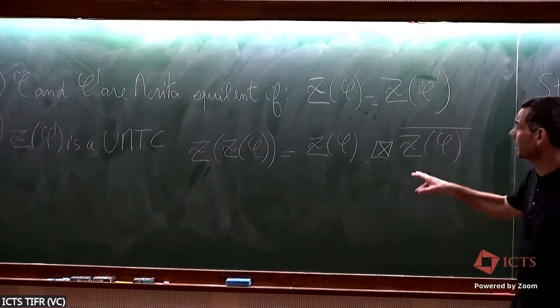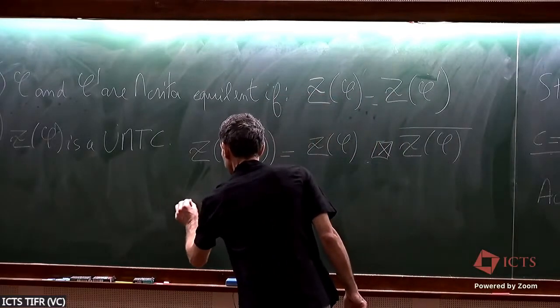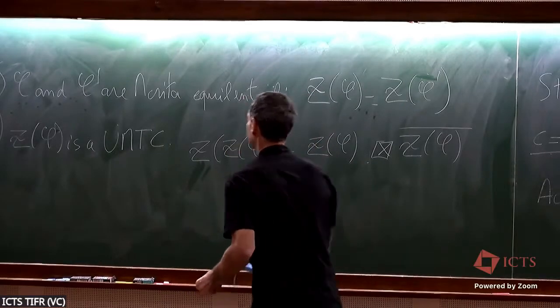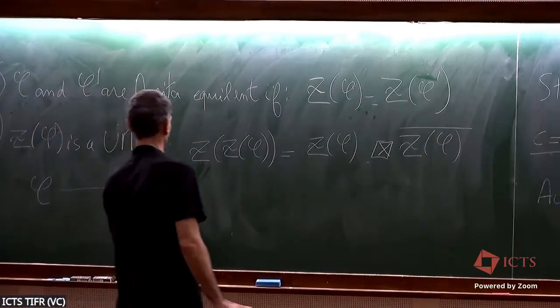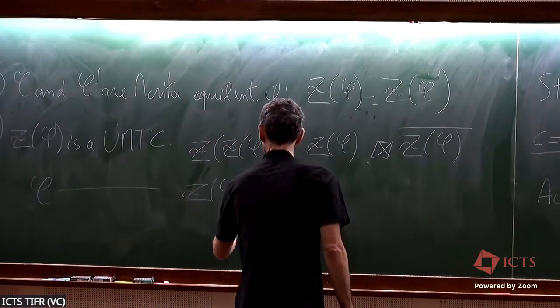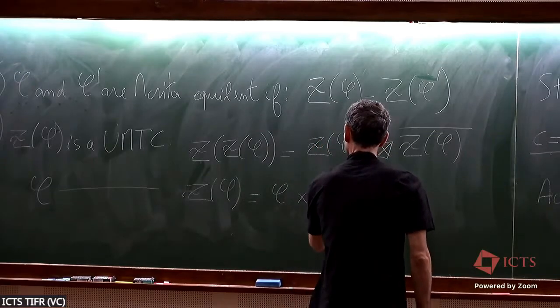And this holds actually for any category. So more generally, if C is a UMTC, Z of C will be equal to C cross C bar.